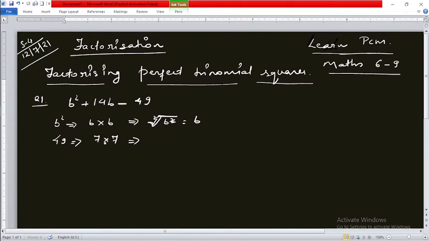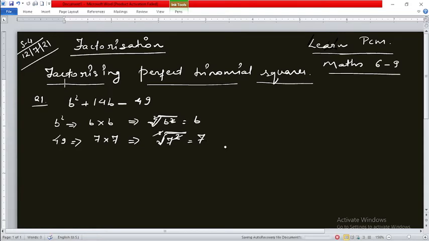So 49 can be written as 7 square. What will be the square root of 7 square? As I told you, if it is a square root, then there is a hidden 2 here, and this 2 is going to cancel out with this 2, and you are getting 7 out of the root.